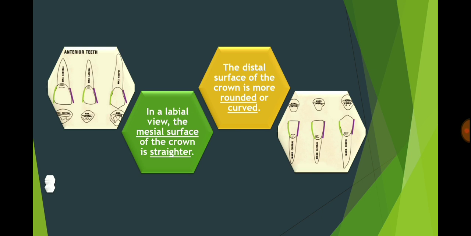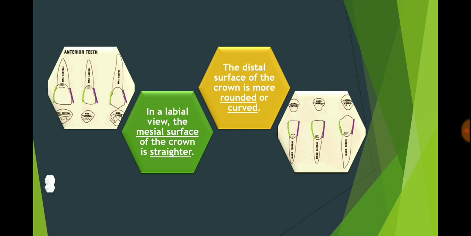The distal surfaces usually are more rounded or curved. So you have to keep those in mind as you go through these lectures, that mesial surfaces of the anterior teeth usually appear straight when you compare them to the distal surfaces. So the distal surface appears round.